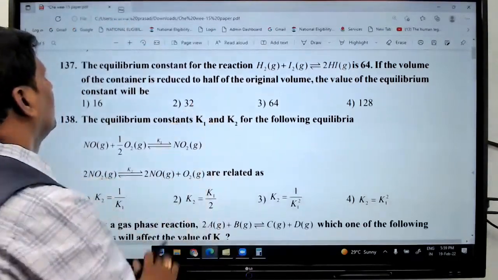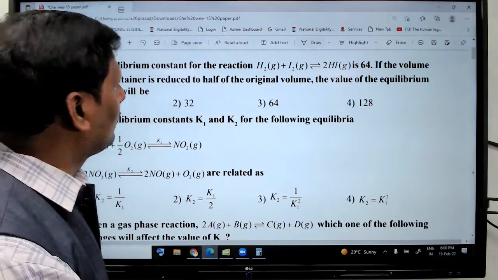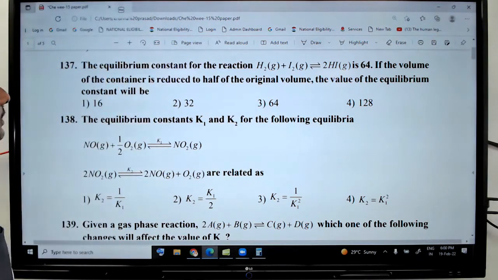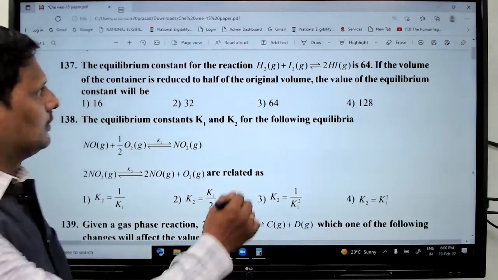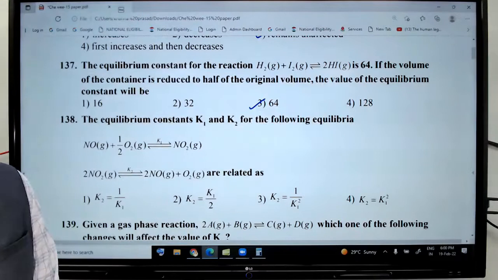Question number 137. The equilibrium constant for the reaction H2 plus I2 gives 2HI is 64. If the volume of the container is reduced to half of the original volume, the value of the equilibrium constant will be... Once again, this is a simple concept question.